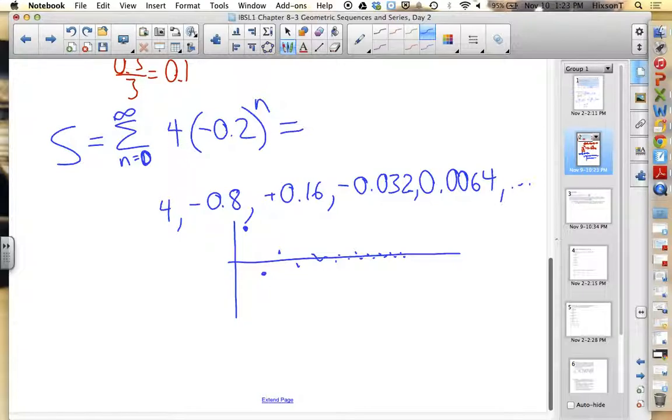So this is going to be our a sub 1 right there. So we would have 4 over 1 minus a negative 0.2. Okay?